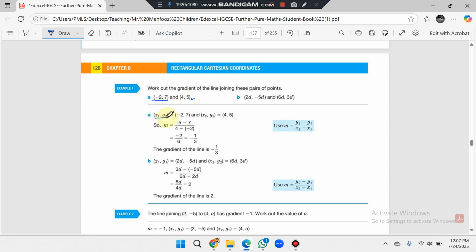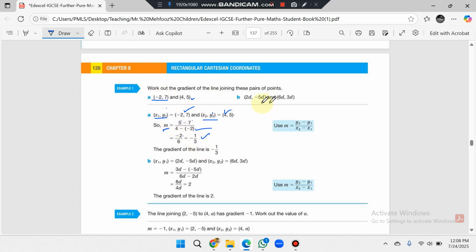So x1 y1 is minus 2, 7, and x2 y2 is 4, 5. If we put the values into the formula, y2 is 5 and y1 is 7. So it means 5 minus 7 over 4 minus minus 2. So you can see that minus 2 over 6. So minus 1 over 3 is your slope or gradient, right?